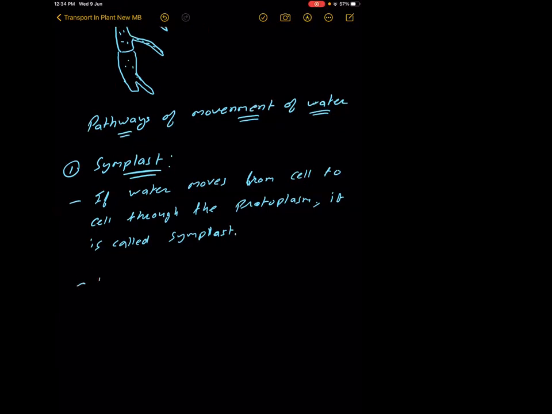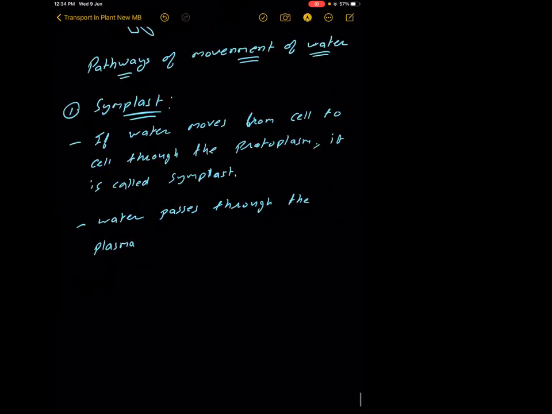It is also called, means water passes through the plasma membrane, so it is called the transmembrane pathway.